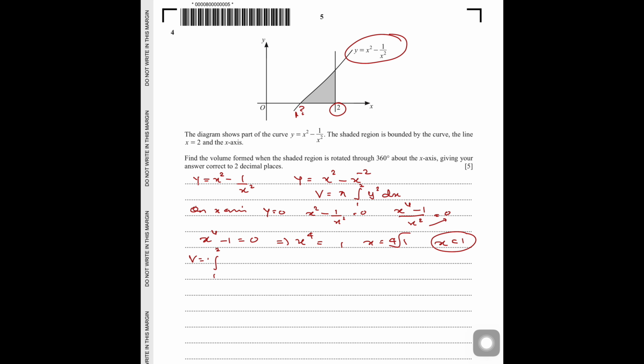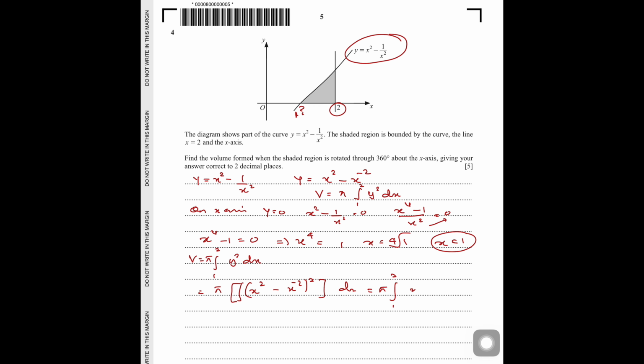1 to 2, pi, y squared dx. Pi, y squared is x to the power 2 minus x to the power negative 2 squared dx, right? My apologies, I'm coughing a bit.